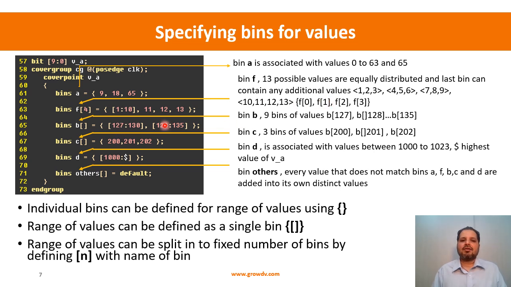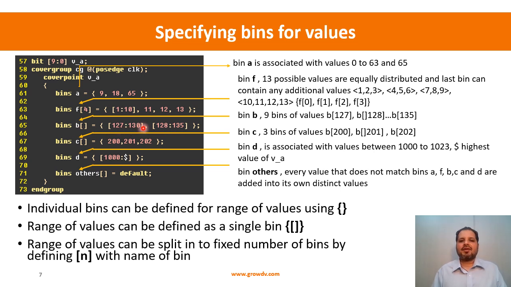Okay, then let's look at another example on line 65. Here we are defining the square bracket to create multiple bins, but we are not telling how many should be created. It's like a dynamic array type of notation. In such a case, it will create a bin for every value that we have defined in these curly braces.